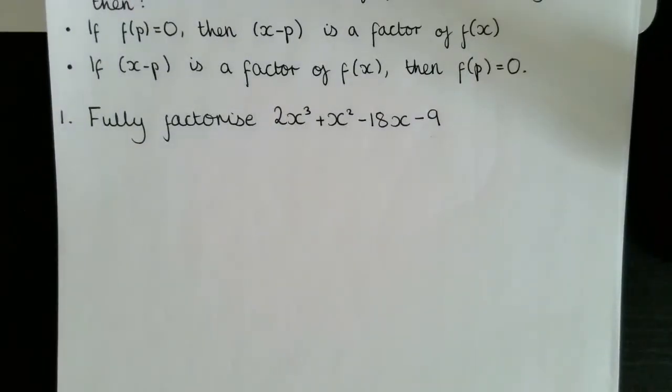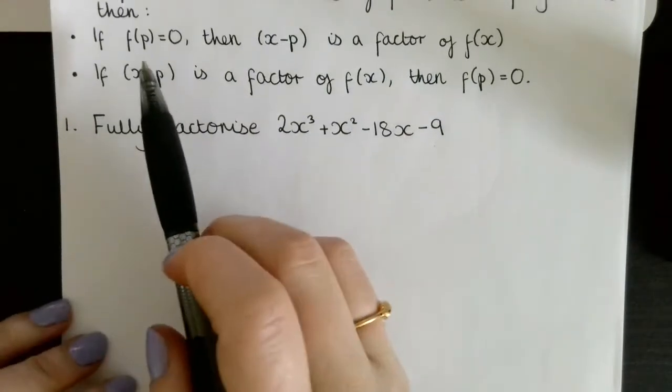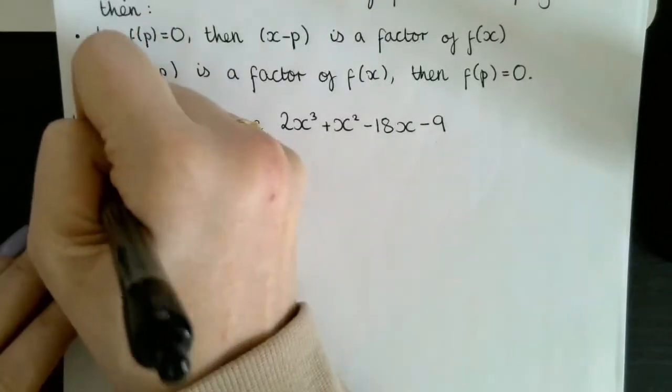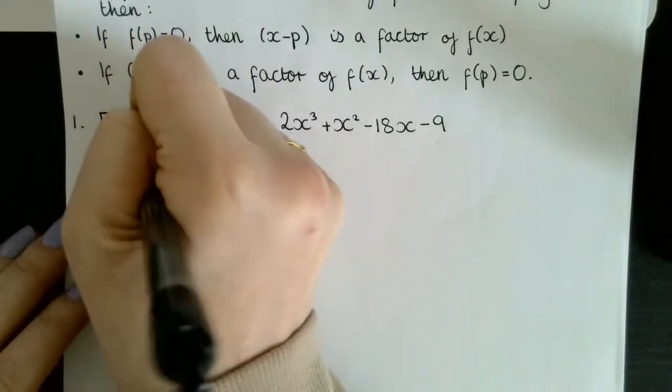It says fully factorise 2x to the power of 3 plus x squared minus 18x subtract 9. So we're going to first of all try some values of x until we find f of p equals 0. So I'm going to start with f of negative 1.